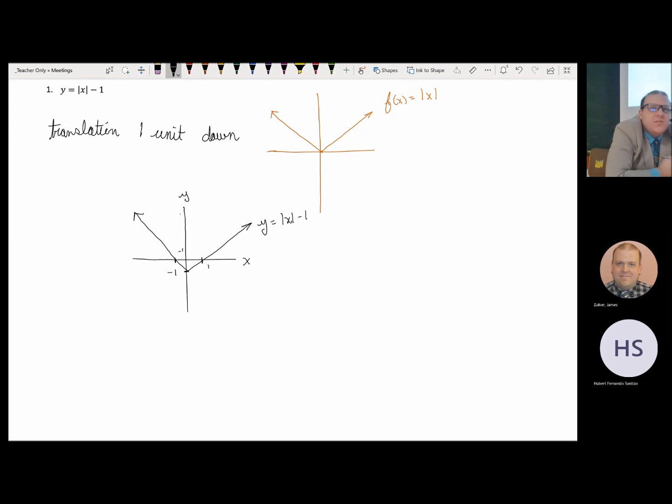That's the absolute value of x minus 1. All right, took the graph of absolute value of x and moved it down 1 unit.